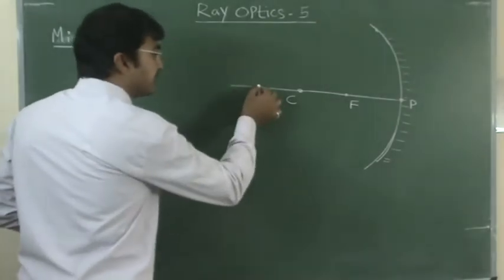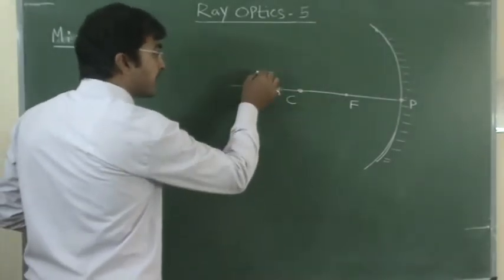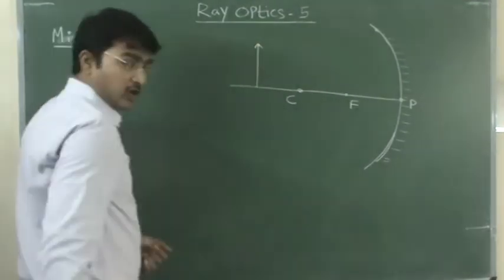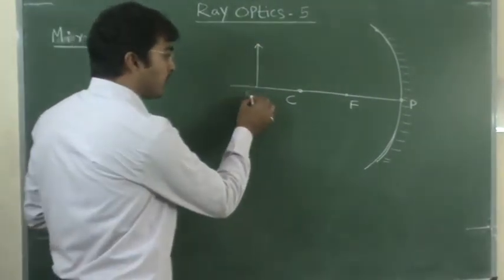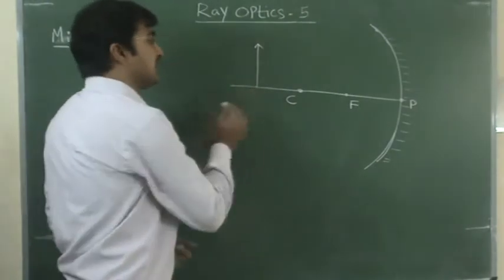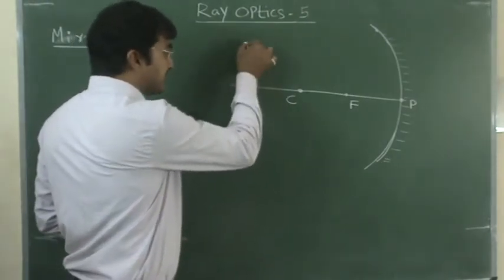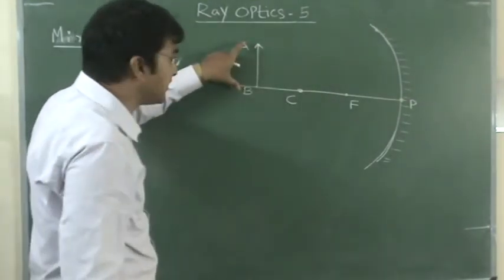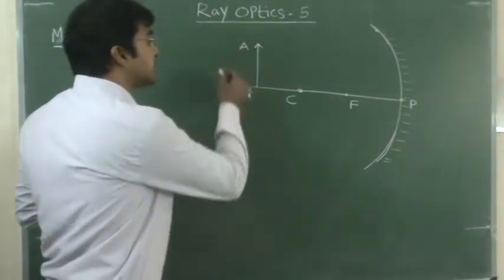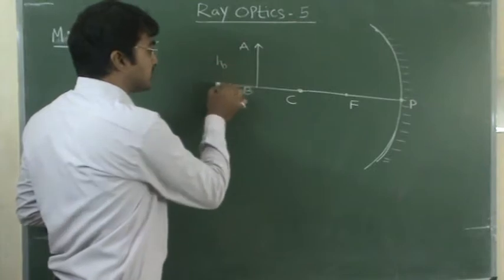I am taking the object beyond C here. This is the position of the object, which they mention as AB. AB is the object, which has a height h naught.